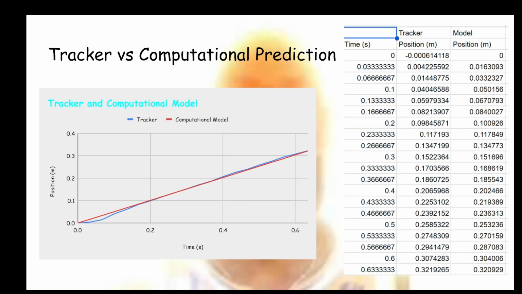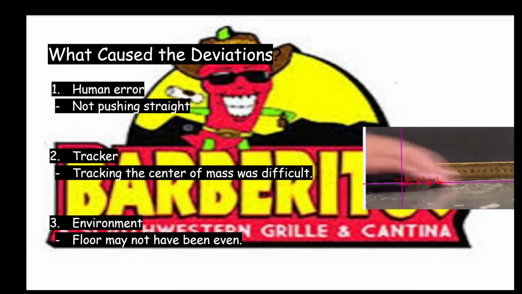So our comparison. Here you can see that when we put the graphs together, they're very similar, like here in the middle, but there's just a little deviation at the end and here in the beginning. So what may have caused this? Human error is possible. We may have pushed it not straight.